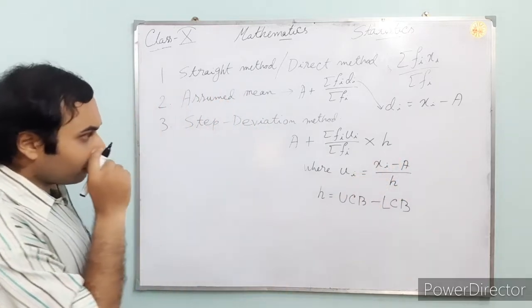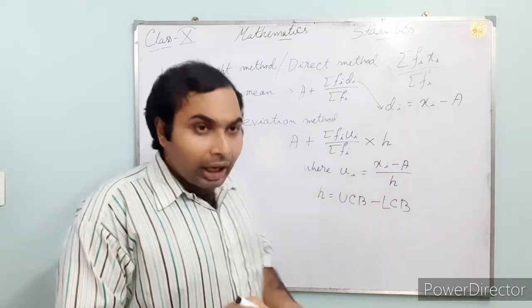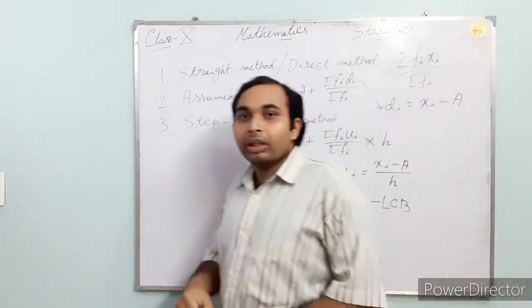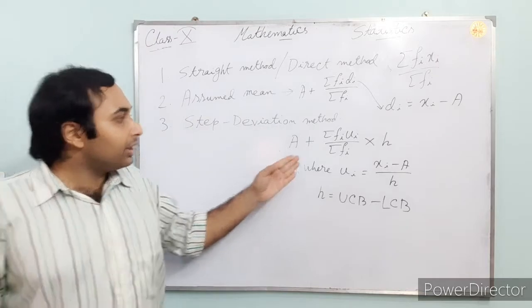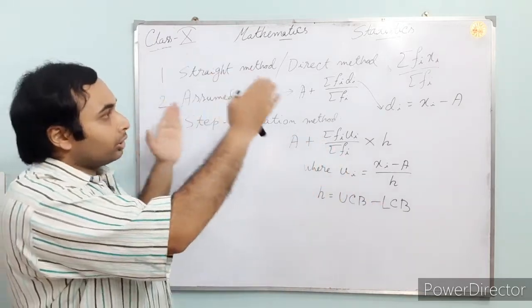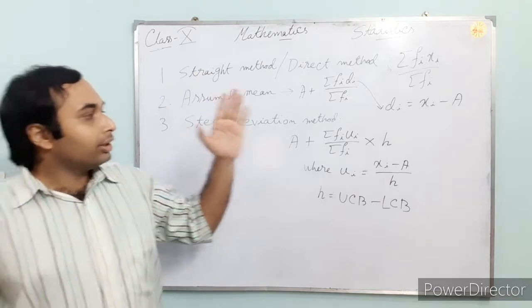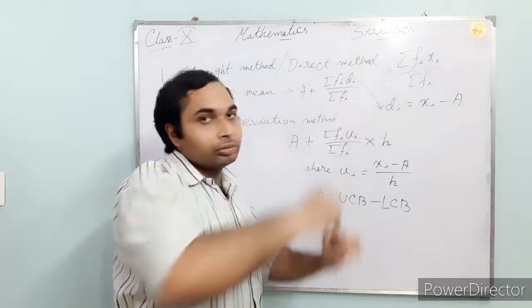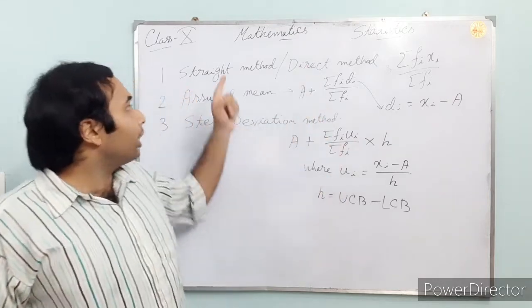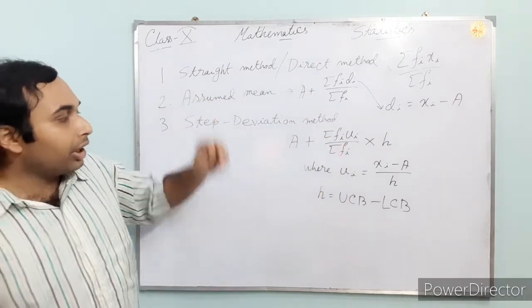So this is the formula only. Personally, I suggest you apply the step deviation method. Here the formula is a little bit longer, and the table will also be somewhat longer, with two or three columns more than the direct method.